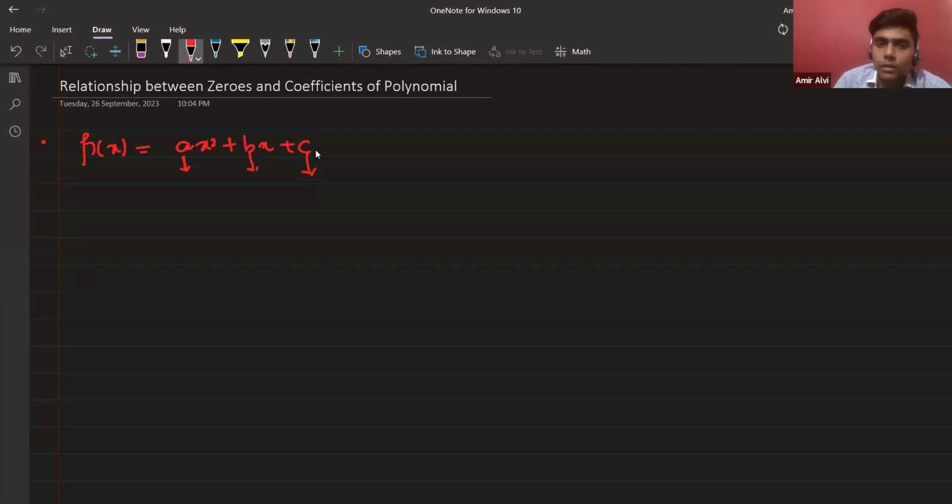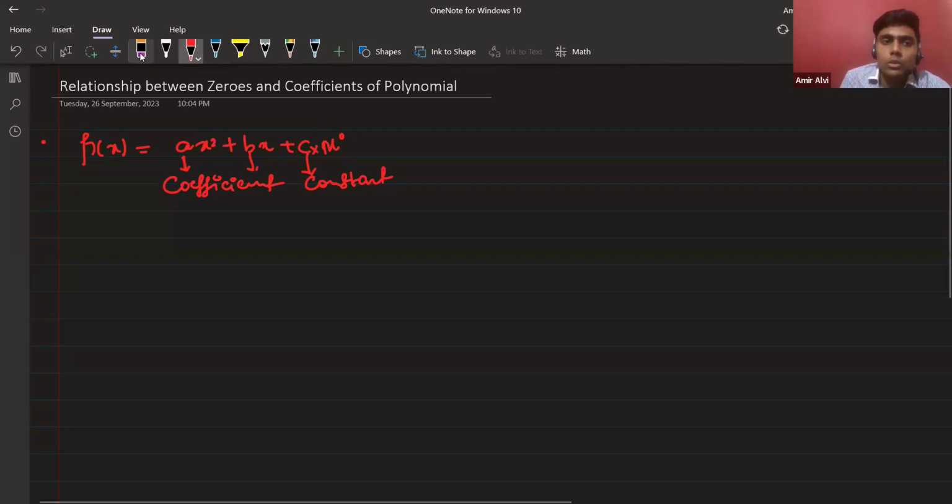Is that clear, Adil? Yes. If it is multiplying, then c into 1 is c, so it can be written as c into x to the power 0. That's why it can also be called the coefficient of x to the power 0.